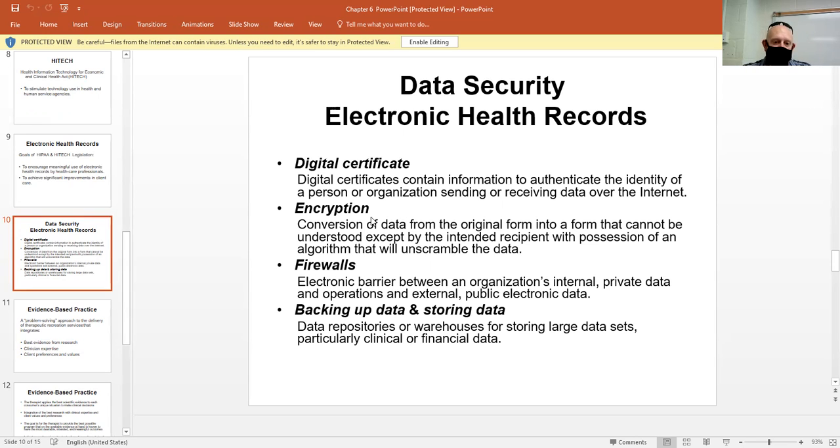Encryption. Conversion of data from the original form into a form that can't be understood except by the intended recipient with possession of an algorithm that unscrambles the data. And I'm talking about this is some smart folks doing this, y'all. If I opened it up, I'm sure y'all have opened some things before that have basically been encrypted.